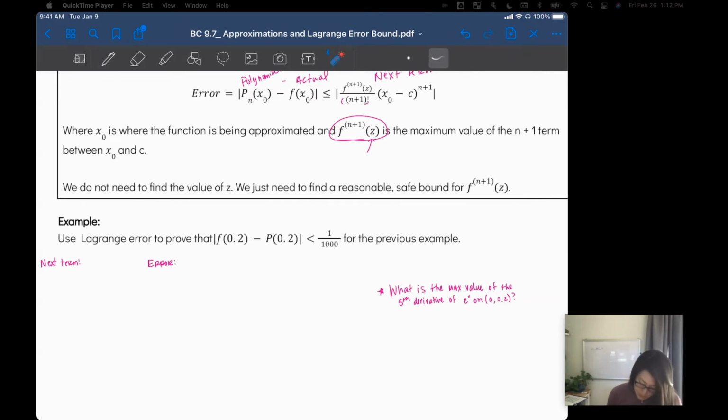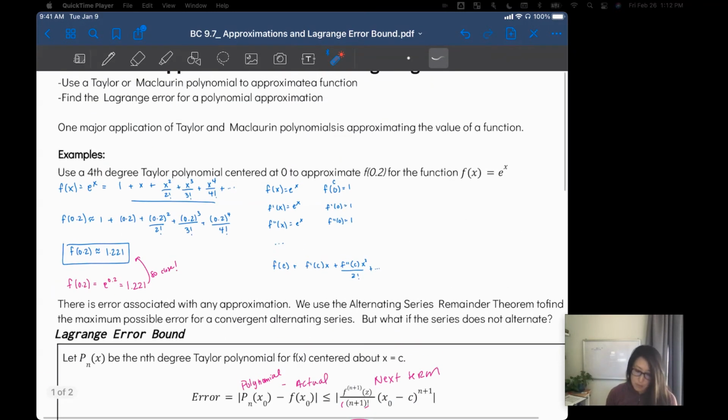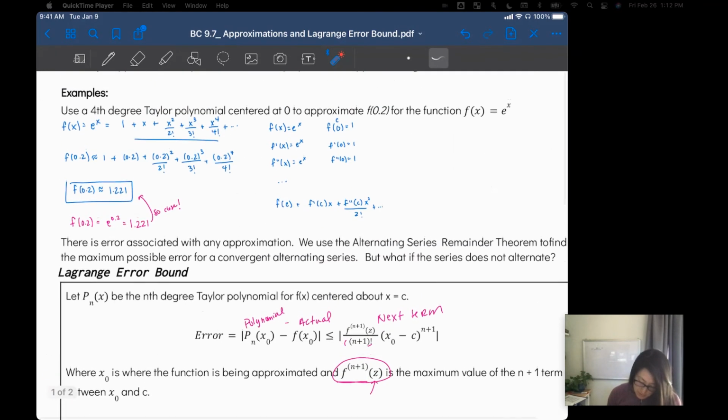I'm going to use Lagrange error to prove that the actual minus the polynomial, so the value of f at 0.2 minus the estimation at 0.2 is less than 1 over 1,000 from our e to the x example. Okay, so what we used is to the 4th degree term.